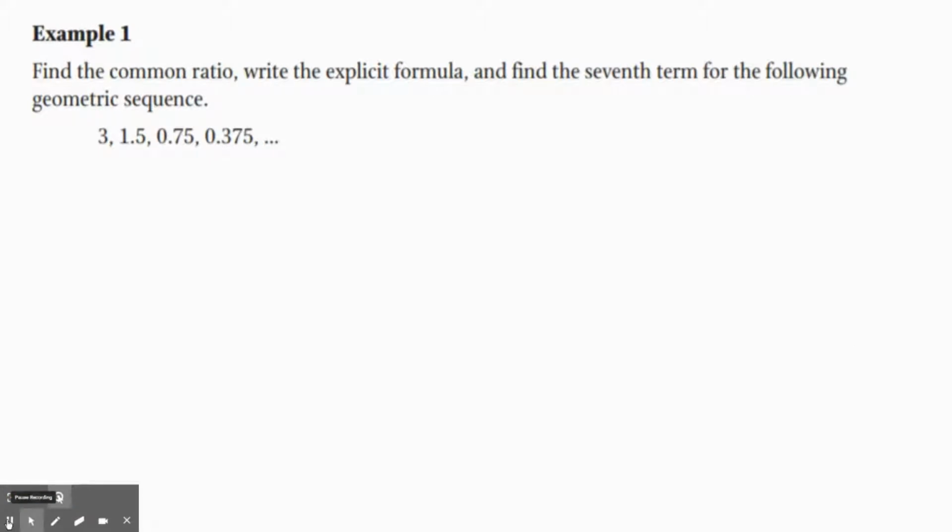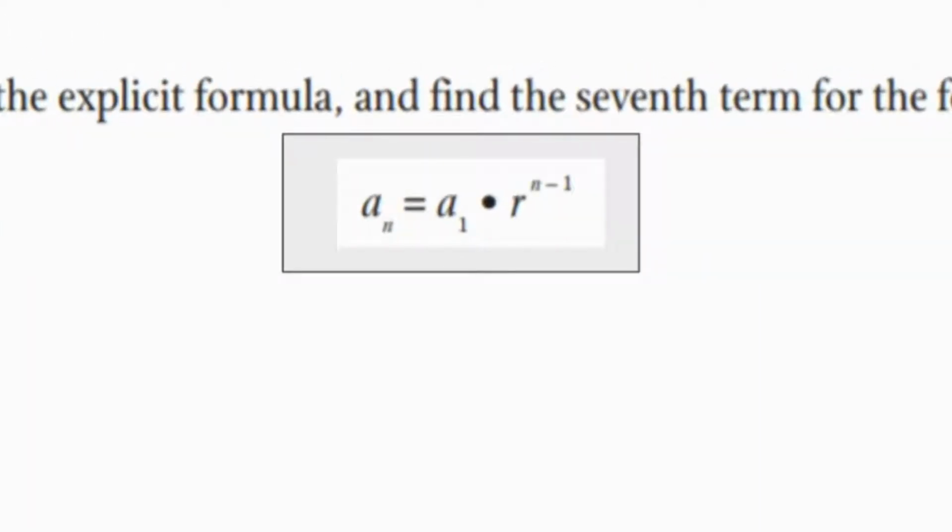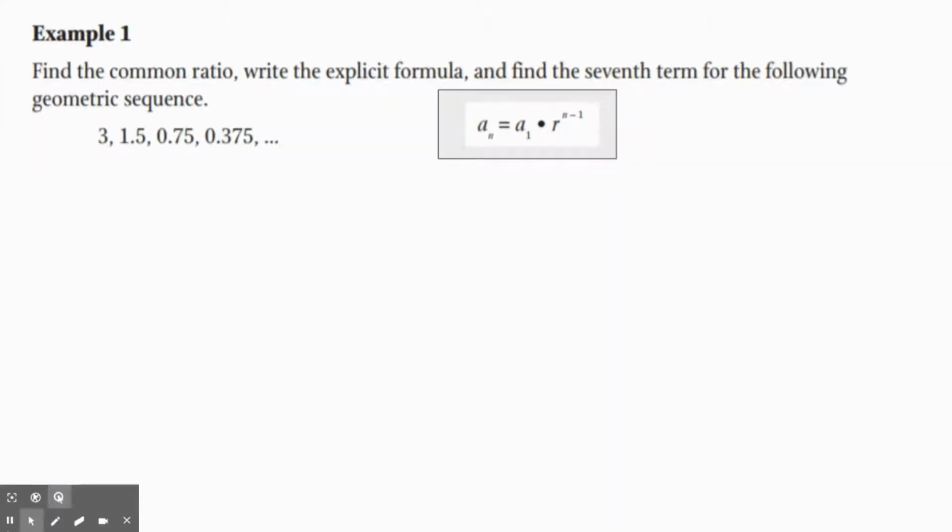Example 1, find the common ratio, write the explicit formula, and find the seventh term for the following geometric sequence. Well, the first thing we should do is write that explicit formula. A sub n equals the first term times r, and then raised to the n minus 1.